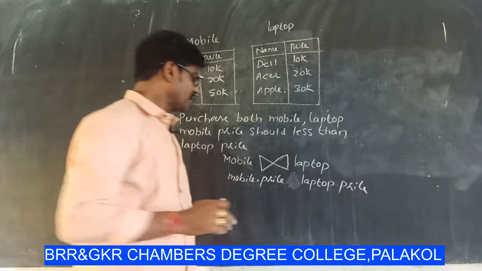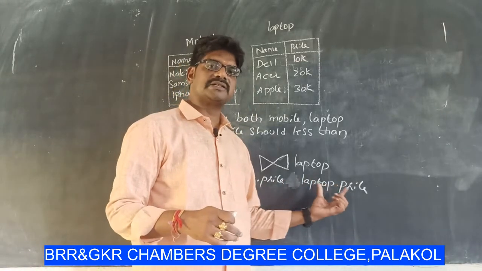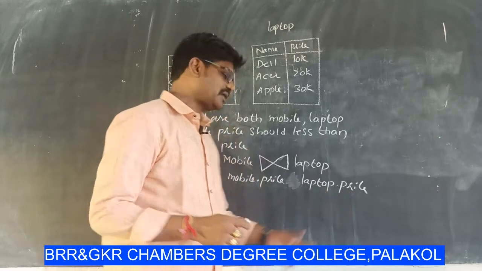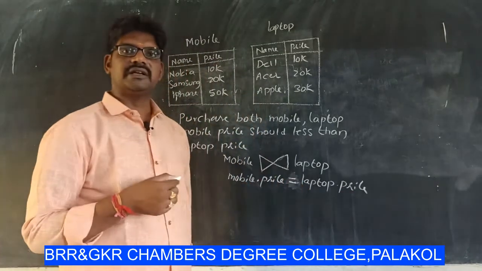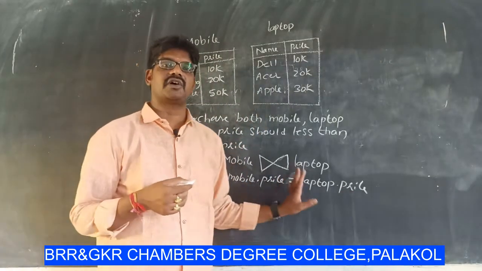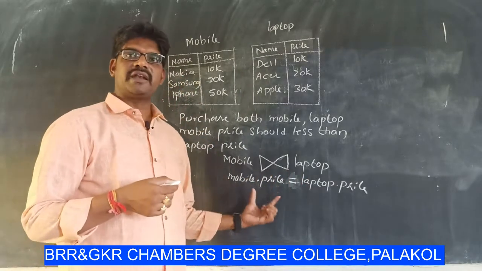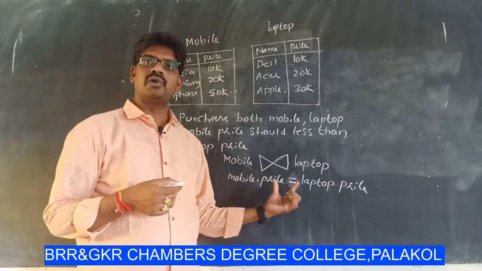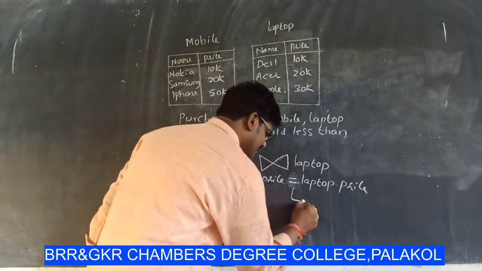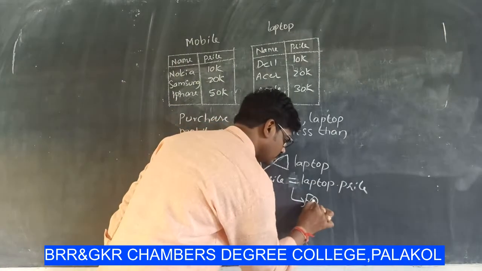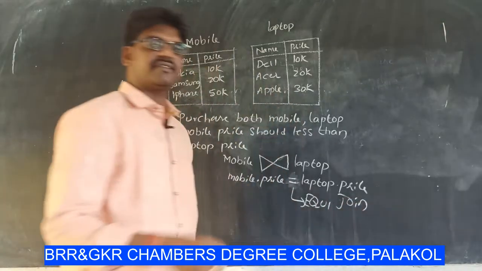For example, if the mobile price and laptop price are the same, then we use the equal to sign here. It is called the equijoin.